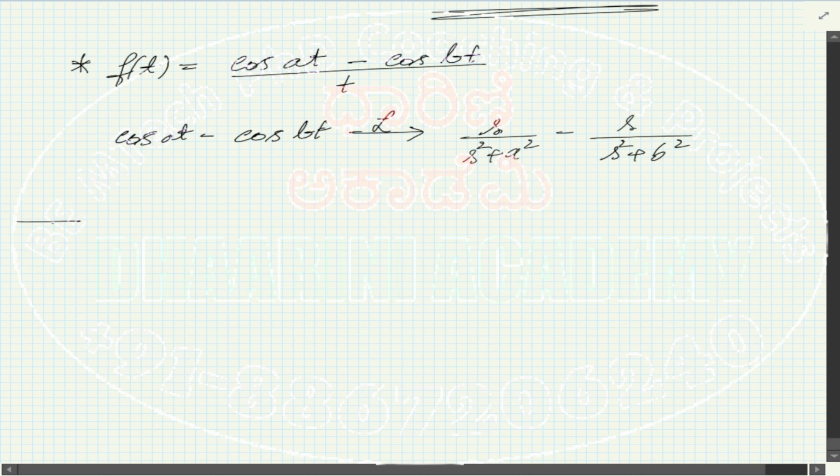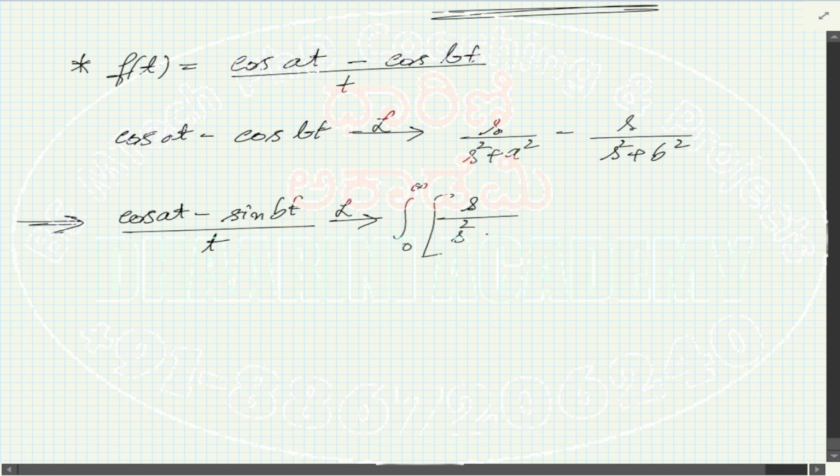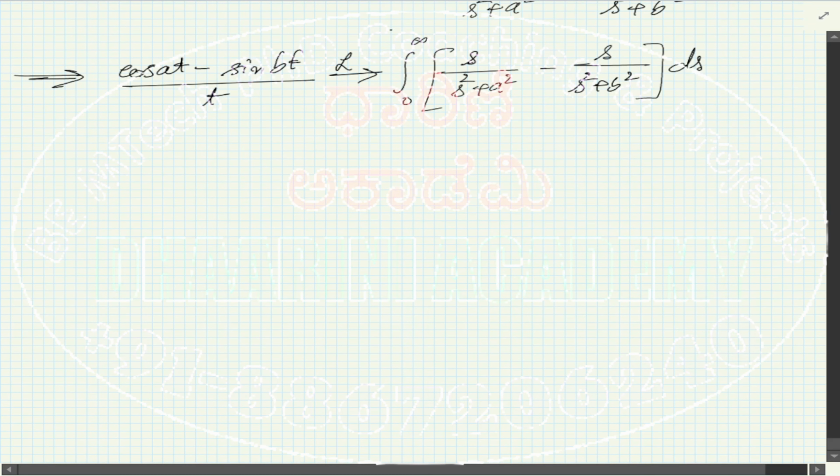So this implies, if you have cos at minus cos bt whole divided by t, then the Laplace transform should be the integral from 0 to infinity of s by s square plus a square minus s divided by s square plus b square ds, right? So you can see that this integration is very standard.